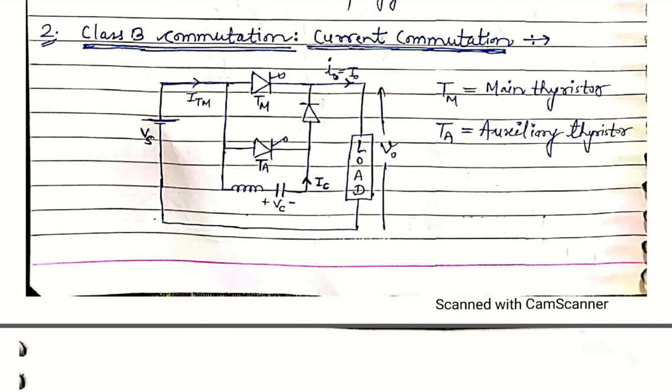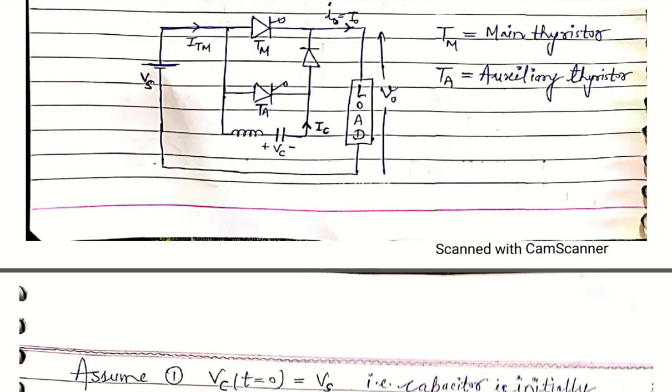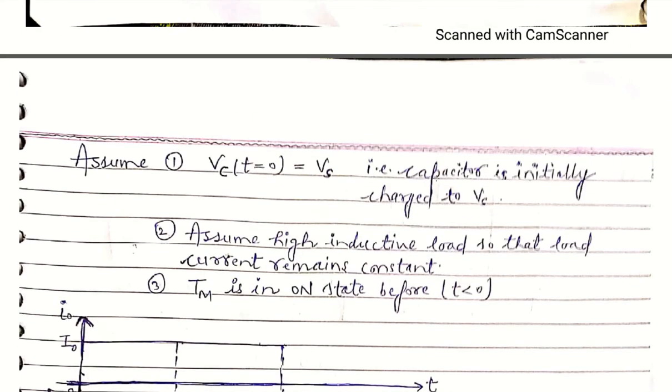Here we will assume initial conditions. First of all, at t equals 0, the capacitor is charged with the Vs supply, that is, the full DC supply. So the capacitor is initially charged to Vs, which is the fixed DC input voltage.